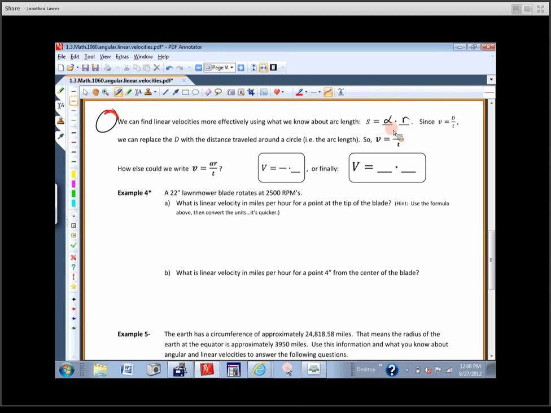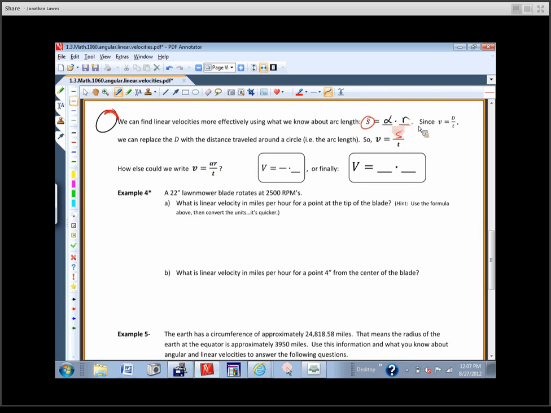Replace it with the arc length. So this would be S over T, arc length over T, because this is a distance. So let's take a good look at this right here. If this is what arc length is, we can write it like this.